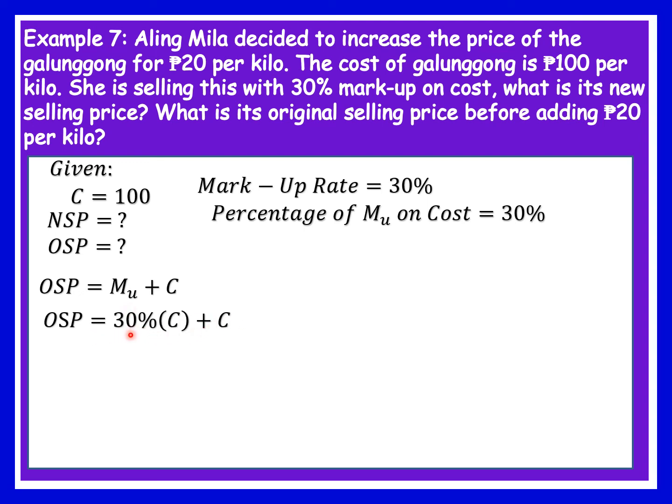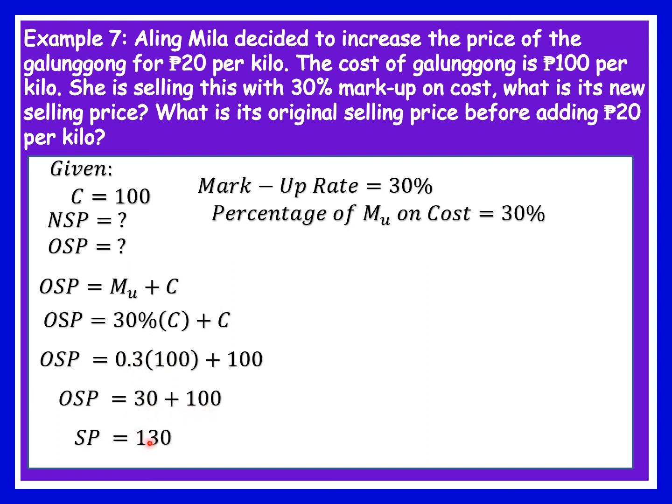So 30% is 0.3 or 3/10 and the cost is 100 pesos. Let's substitute. So 3/10 multiplied by 100, that is 30. Added by 100, that is 130. Therefore, the selling price before adding 20 pesos is 130 pesos, and that is your OSP, original selling price.